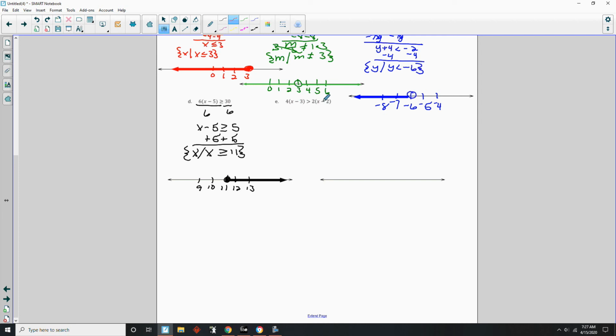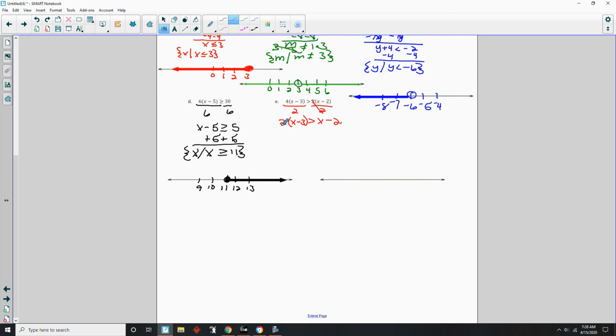We have a factor of 4 and a factor of 2, so the first thing I can do is divide both sides by 2. So if I divide this by 2 and divide this by 2, these 2's cancel, bring my greater than sign down, and bring down my x minus 2. And then over on this side, 4 divided by 2 is 2 times x minus 3 quantity.